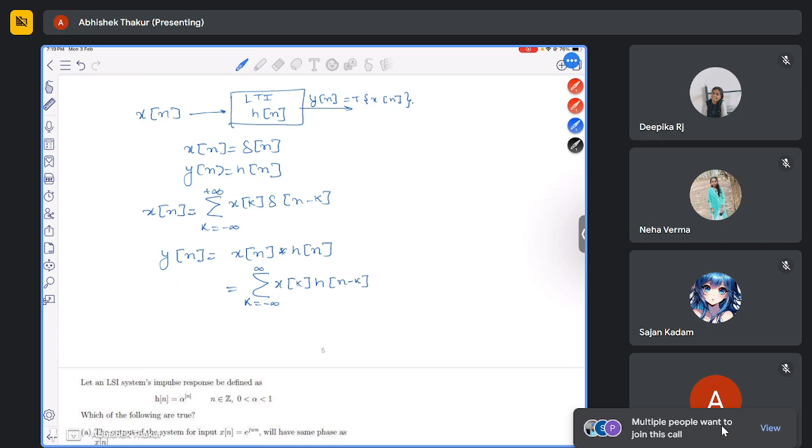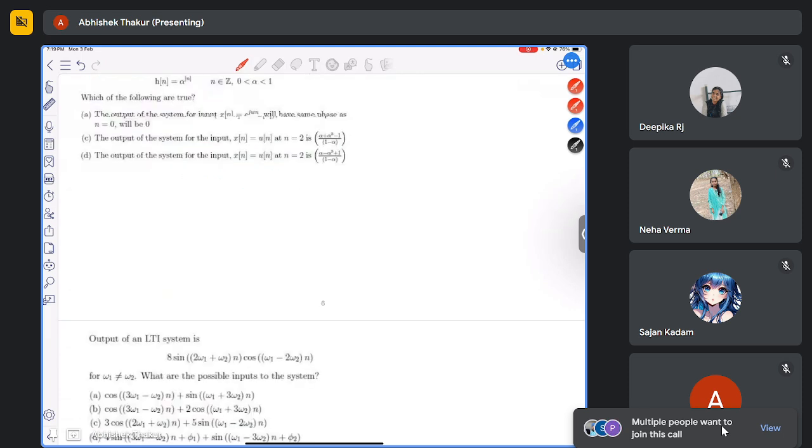Okay. So this is the equation for convolution. Any signal which is passed through a linear time invariant system, the output will be the convolution of its input and the system. And this is the equation for convolution.